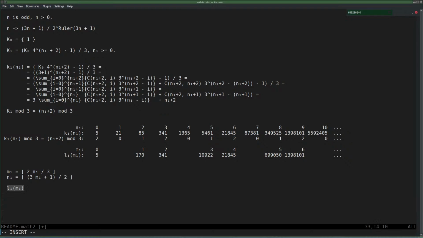And now I want to write a formula for that. Well, it's going to be a nasty formula, because they are really the values of K1, which I have here.